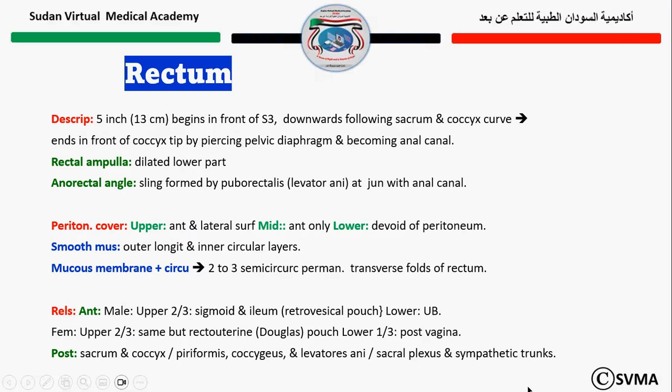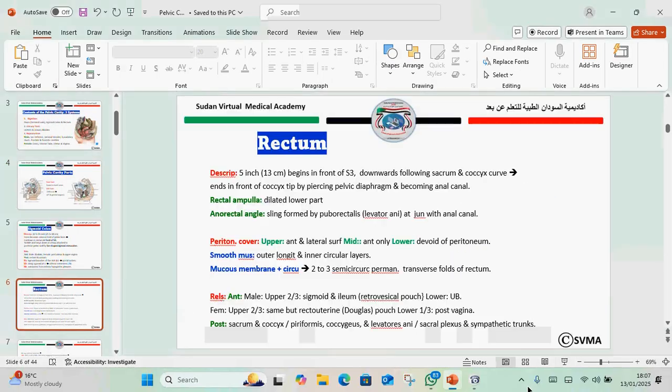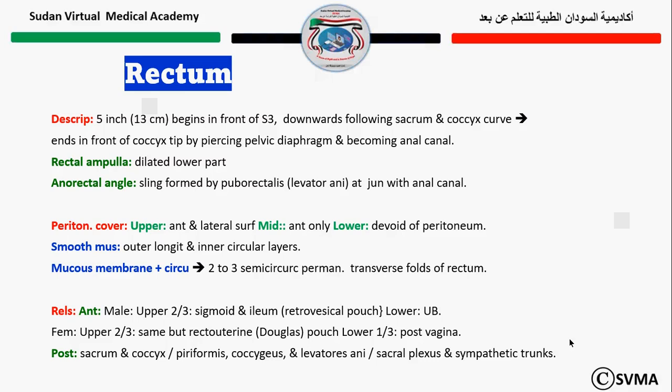Anybody? Arwa? Rawan? Tijani? The upper is covered anteriorly and laterally, the middle is covered anteriorly, and the lower has no covering. Excellent, Arwa. So this is the cover.